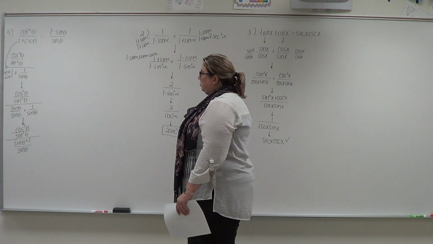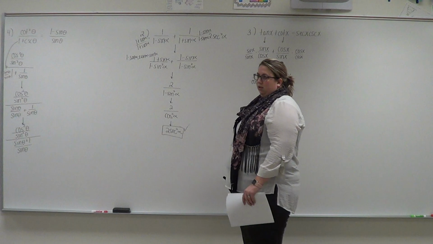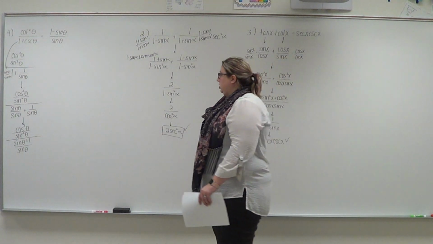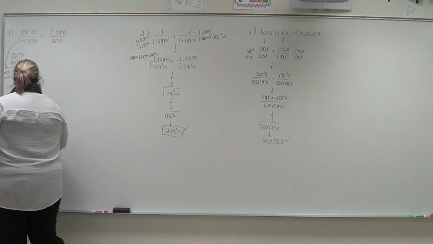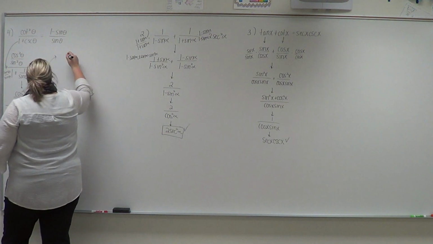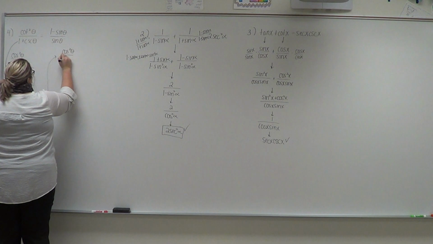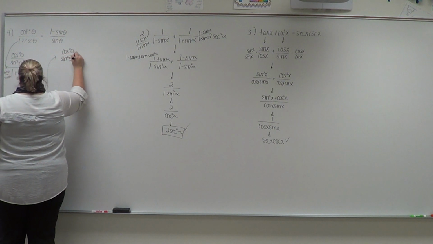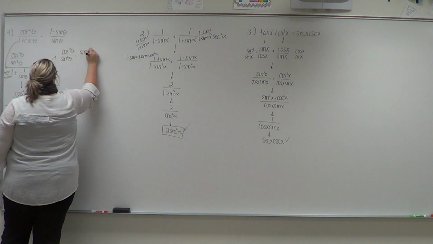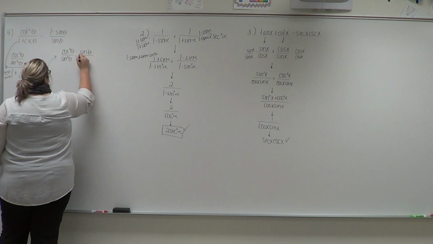Okay, well, we're not done yet because I still need 1 minus sine over sine. So fraction divided by fraction, multiplied by the reciprocal. So I would have cosine squared over sine squared times sine over sine plus 1.